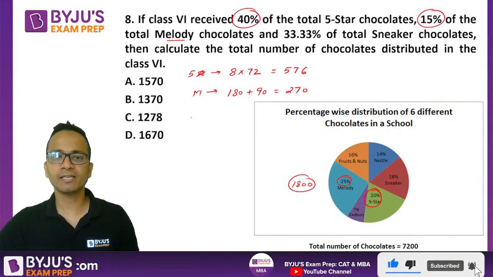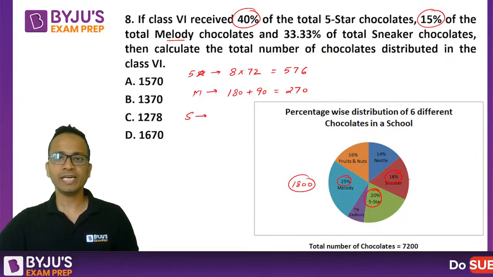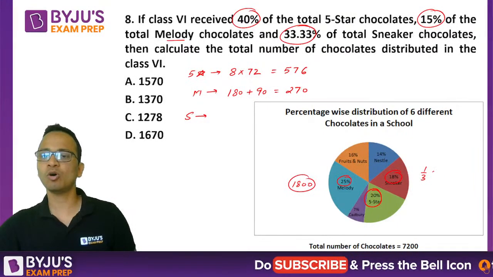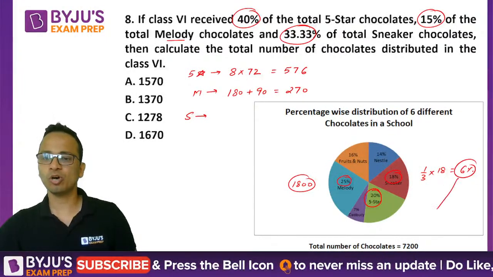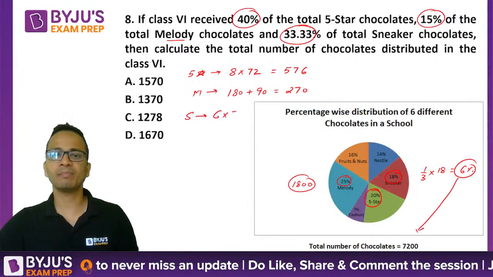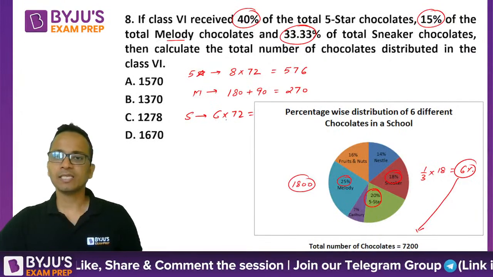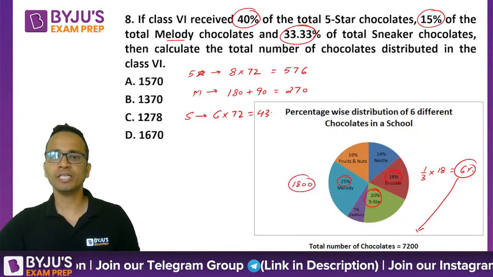Then lastly, Snickers. What is the Snickers total? 18%. We have to take 33% of 18%, that means 1/3. So what is 1/3 of 18? 6. So calculate 6% of the total, which will be 6 multiplied by 72. So 6 into 72, 6 into 70 is 420. 420 plus 12 is 432.